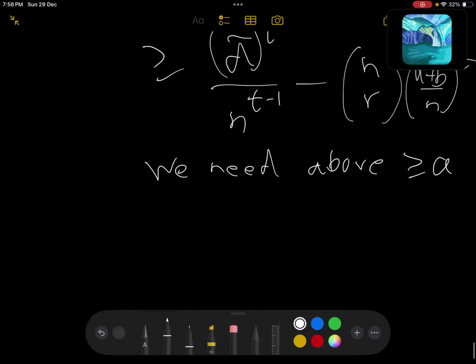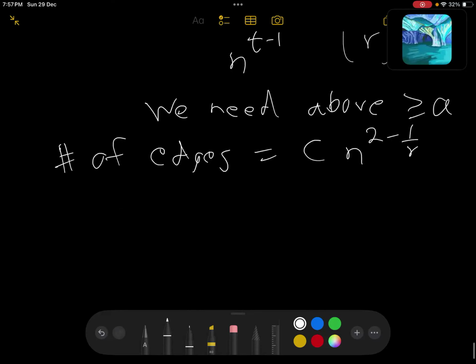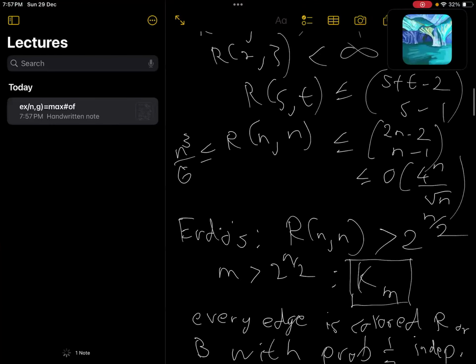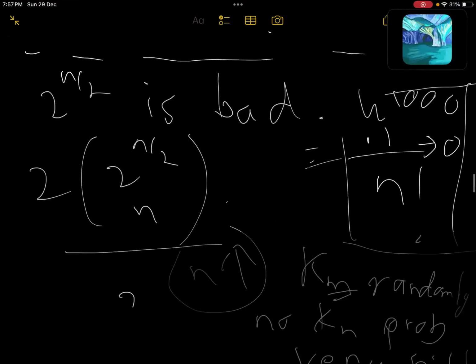And so we do a similar thing as what we had done before. Let's say for the number of edges, we want a bound of the form C times n raised to 2 minus 1 by R, right? So that means d bar is... I think everything below this got deleted for some reason.